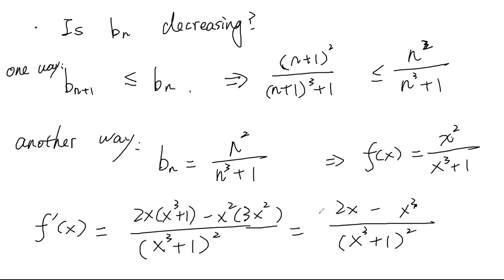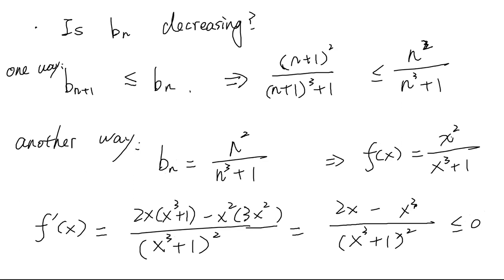And since we want to show the sequence is decreasing, we want to show f prime of x is less than or equal to 0, at least from some finite number on. In order to do that, we need to find where f prime of x is equal to 0.